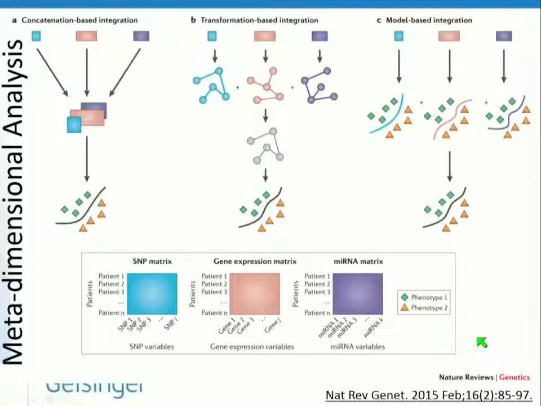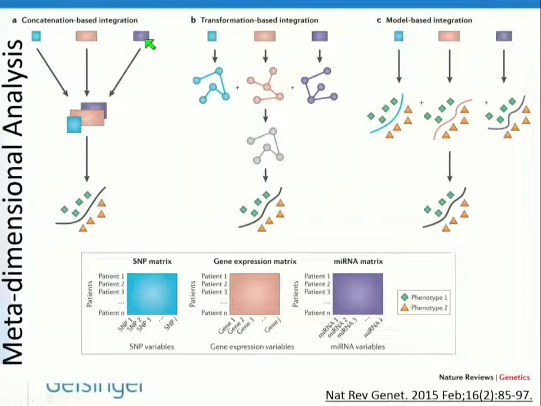And even within this strategy, we broke them down into 3 areas. So one is called concatenation-based integration. And in some ways, this is the simplest to think about. This is where you would take each of the data sets, so perhaps a SNP data set matrix, a gene expression matrix, and a microRNA data matrix, and you would concatenate them into a mega data matrix.